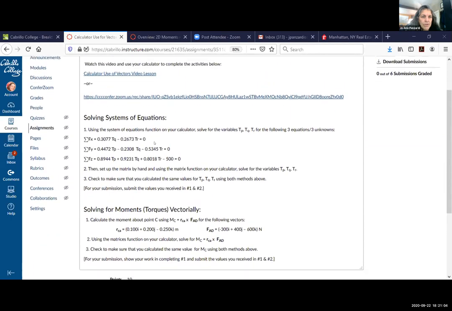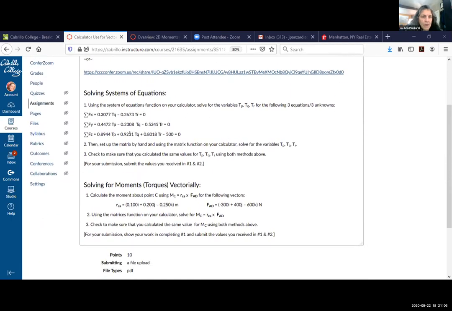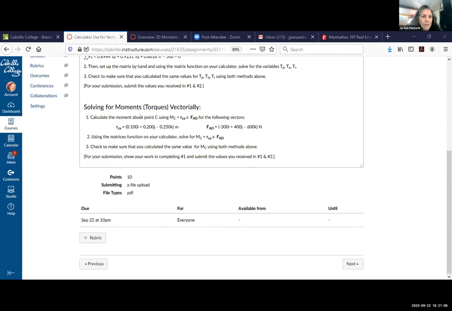Using the system of equations function on your calculator. Okay, it's the bottom part. Calculate the moment about point C using this. Using the matrices function on your calculator, solve for this. Matrices, the determinant of matrices function.